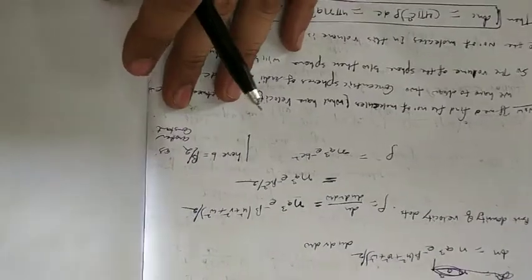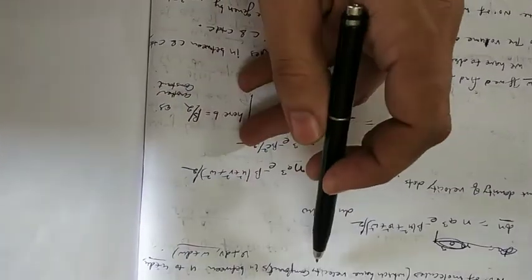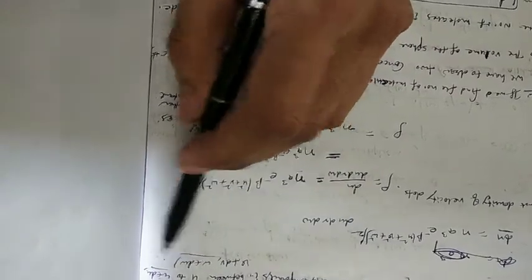So rho is equal to n a cubed exponential minus b c squared. Here we note that dn is the number of molecules which have velocity components u to u plus du and so on.